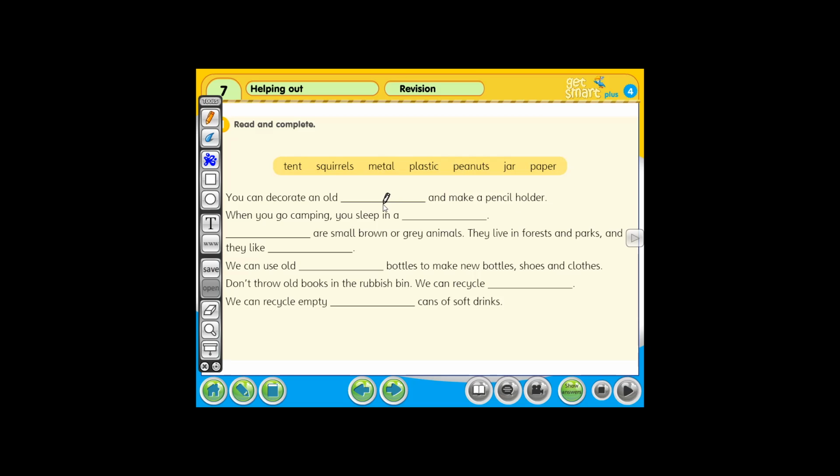Okay, anyway, I will give you a short explanation on the meaning of all these words here. So first of all, tent. What is a tent? A tent is a small house, or we don't call it a small house. It is a shelter. Yeah, it is a shelter that you make when you are camping.